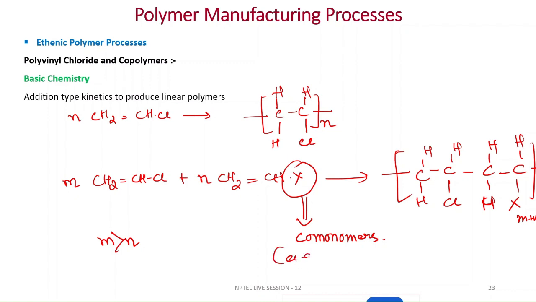Examples: COOH, OH, carboxy ester. This kind of group is a comonomer, so it will attach here.